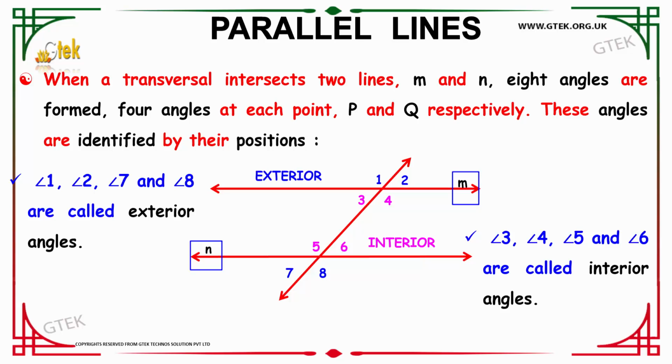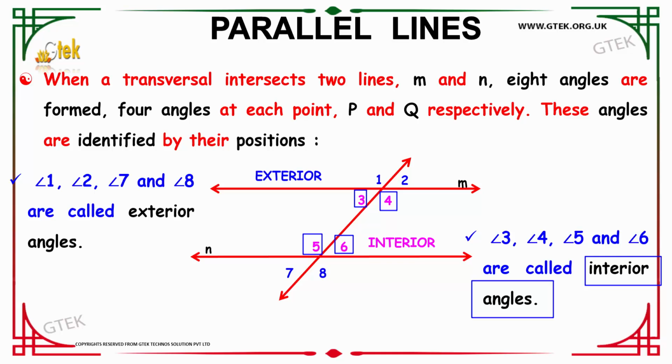Angle 1, angle 2, angle 7 and angle 8 are called exterior angles since they are outside. And angle 3, angle 4, angle 5 and angle 6 are called interior angles since they are inside.